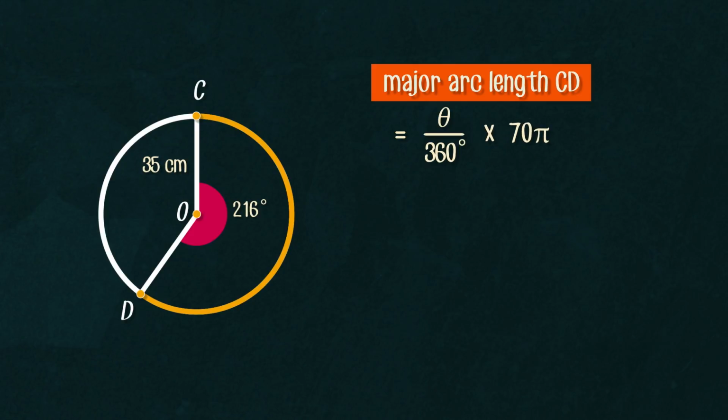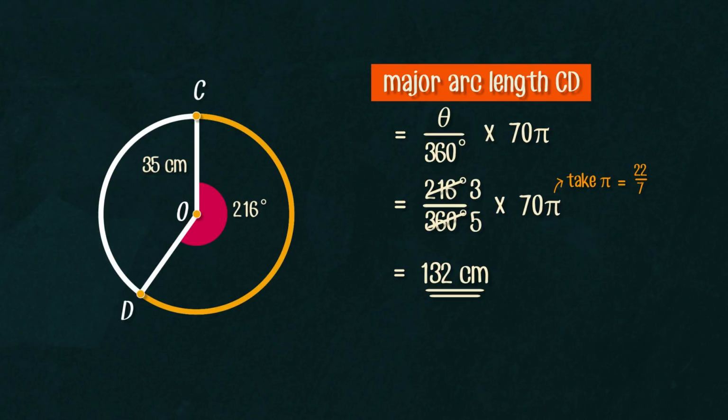We also know that the angle subtended by the major arc CD is 216 degrees. So the ratio of the subtended angle 216 degrees to 360 degrees is 3/5. The length of major arc CD is 3/5 times the circumference of the circle. Taking pi to be 22/7, the arc length is 132 centimeters.